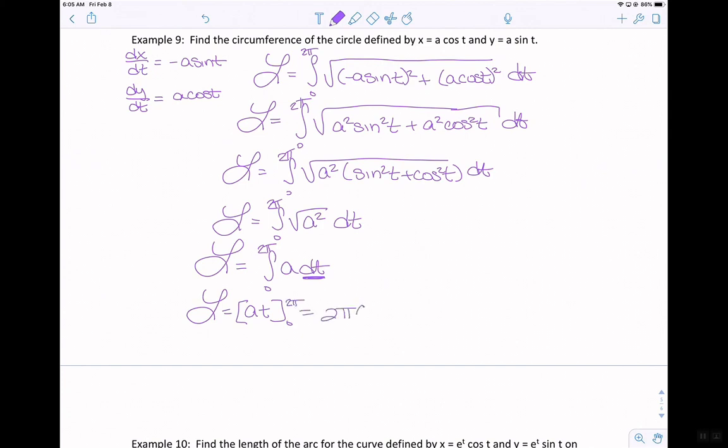So that's 2 pi a minus 0 times a. So I get 2 pi a. 2 pi a is the same thing as 2 pi r when finding the circumference of a circle. And those two relate to each other.